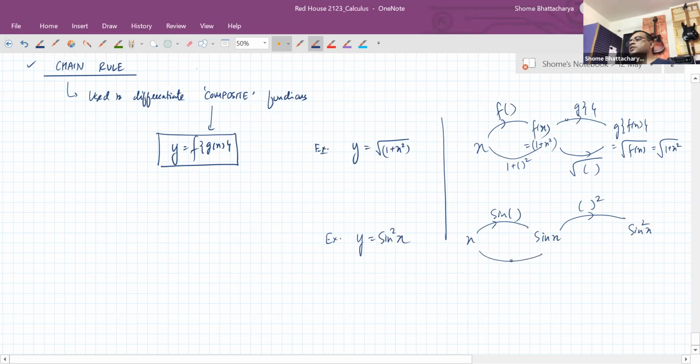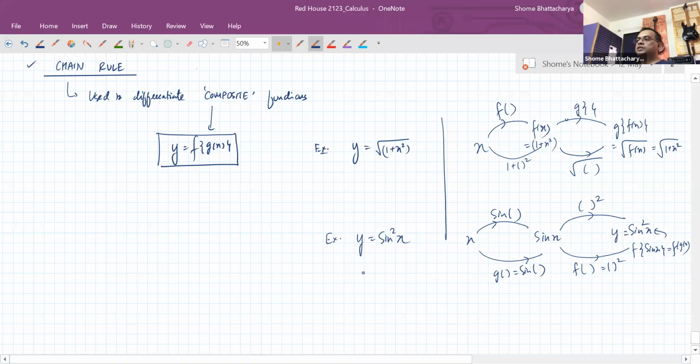So the first function that we operated, let's say g, is the sine function. And then operating on this, we've operated f, which is the whole square function. So we've got f of sine x, which is f of g of x, and that is equal to sine square x.